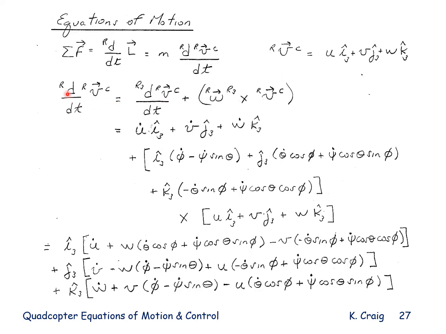The derivative in the R reference frame of this absolute velocity of the CG is equal to the derivative of the absolute velocity of the CG in the R3 reference frame, the body fixed reference frame, plus the absolute angular velocity of the quadcopter in the R reference frame, crossed with, that's the vector cross product, the absolute velocity of the CG, that's the velocity of the CG in the R reference frame.